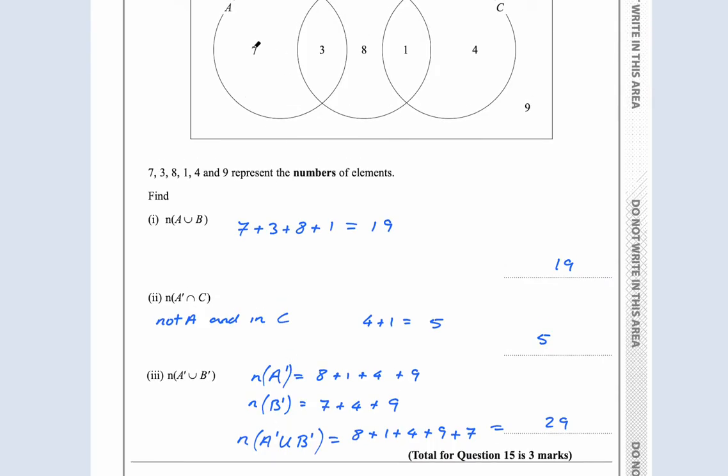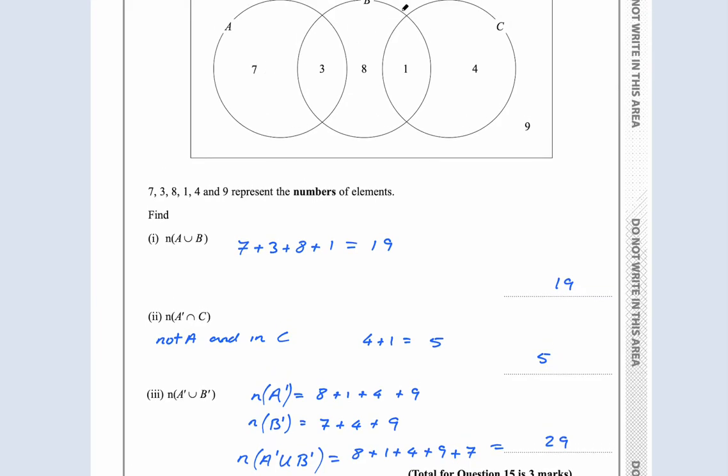And yes, I did include the 7 because that's part of the not in B set. Now, I'm well aware that's very confusing, but because it's the union, I have to include everything that is not in A, and I have to include everything that's not in B. Now, this guy is not in B, so I have to include it.